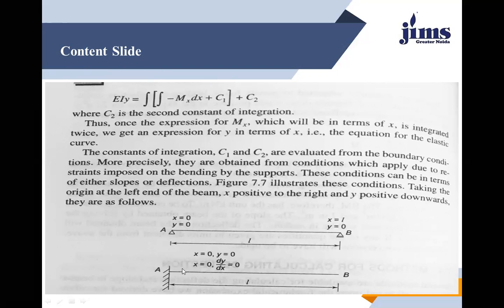In a fixed or cantilever beam, at x equal to 0, y is 0 as well as the slope at the fixed support is 0. These are the two boundary conditions, because we have two unknowns, C1 and C2, so we need two boundary conditions.